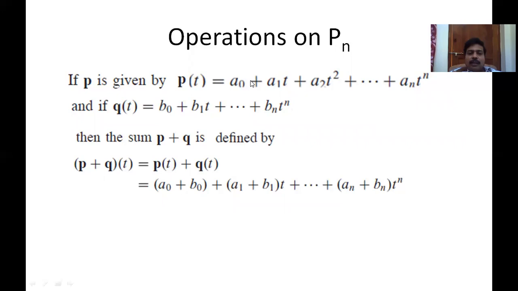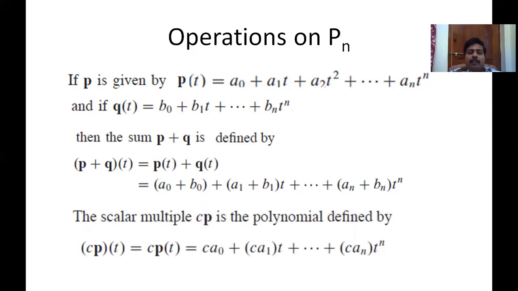We are adding the constant terms a naught and b naught, and we are adding the coefficients of t, a1 plus b1, and so on. Finally, we are adding the coefficients of t^n. Here it is an plus bn. So in this way, we are defining the addition of polynomials. This is our vector addition, since our vectors are polynomials.